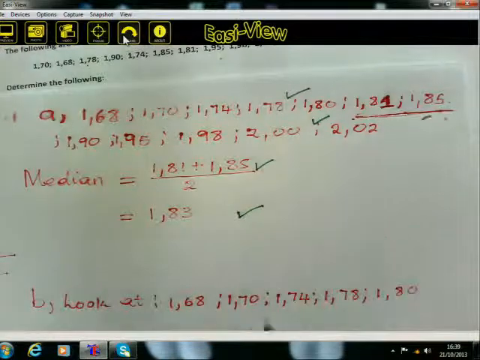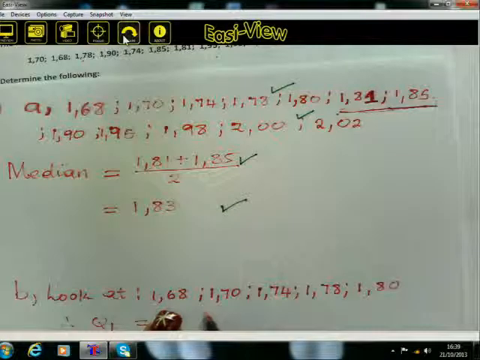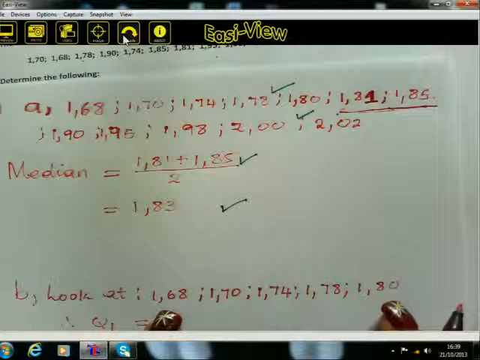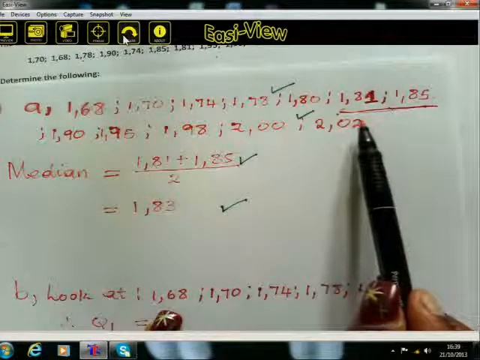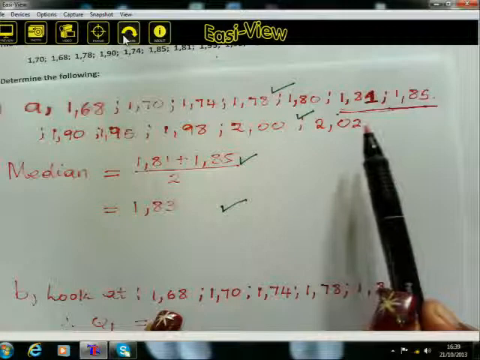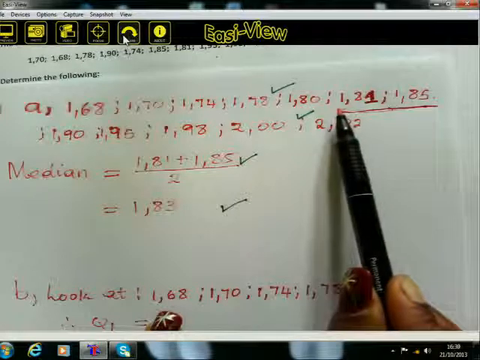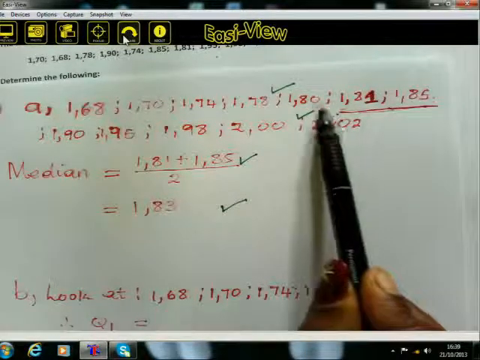Thereafter, for you to get the quartile 1, you have to find the median of this data. Remember, the given data had 12 numbers. Now, the numbers appearing before the two middle numbers are 5.